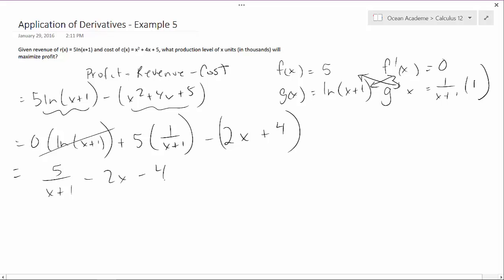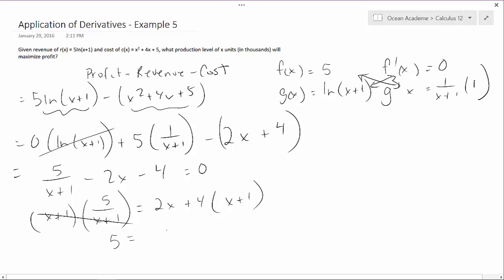Now ultimately what we want to do is solve for x. So let's set this equal to 0. Now we've got 5 over x plus 1, and let's move the rest of it to the other side. So that's 2x plus 4. Now we need to get rid of the x plus 1, so we'll multiply each side by x plus 1.